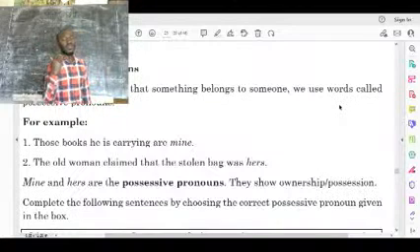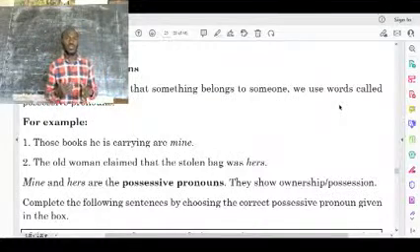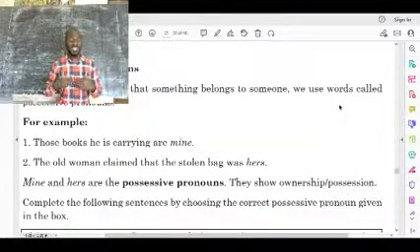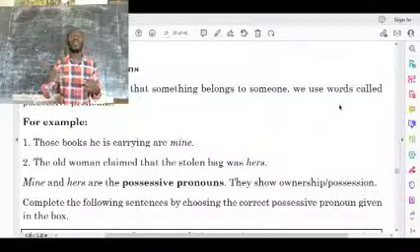So, what are possessive pronouns? Possessive pronouns are the pronouns that we use when we want to talk about something that belongs to us, or when we talk about anything that contains ownership or belonging.